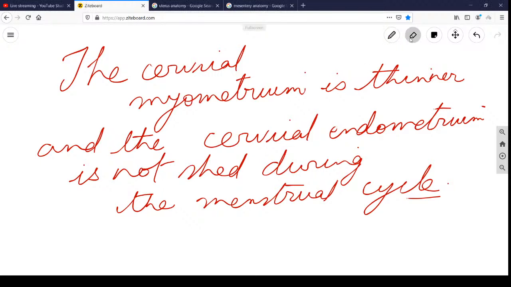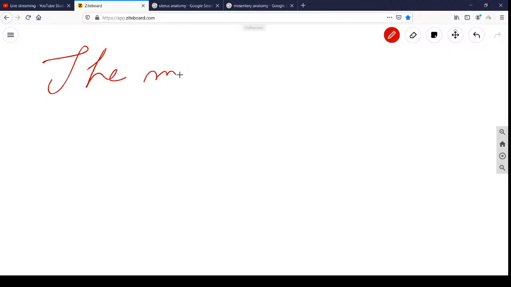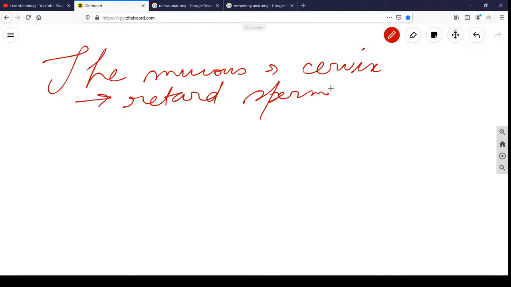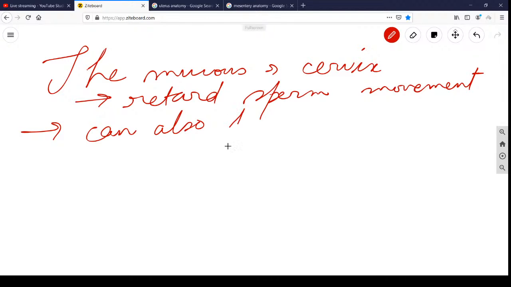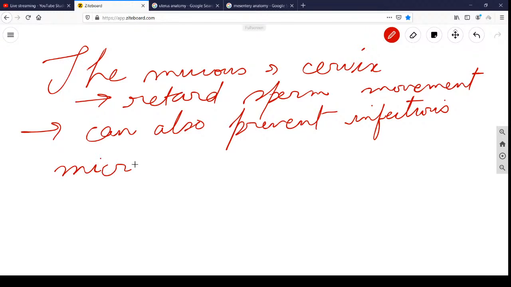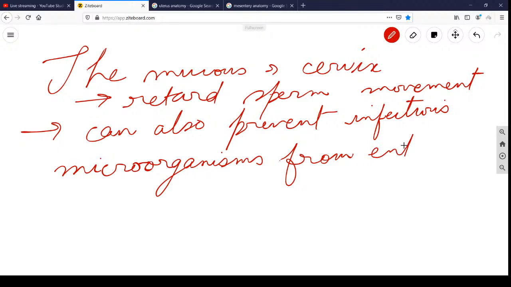So the mucus produced in the cervix can retard sperm movement and can also prevent infectious microorganisms from entering the uterine cavity.